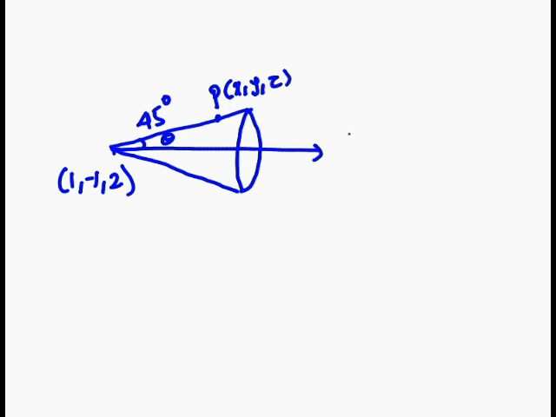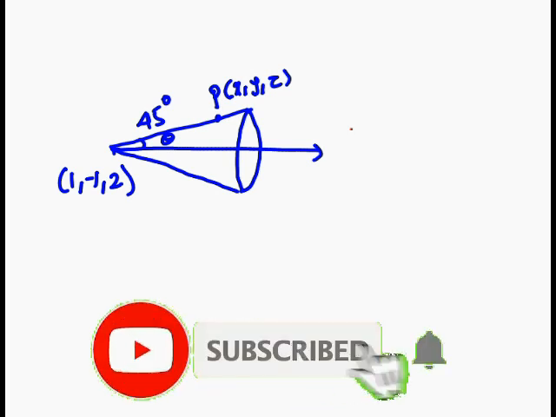We draw this diagram with the help of the given information. Now let's start with the step-by-step method. In step 1, we write the given information.